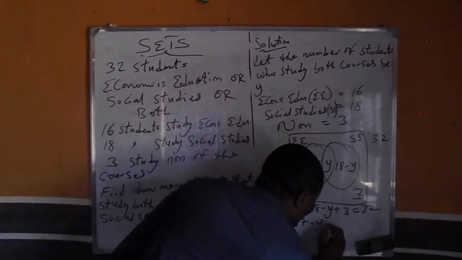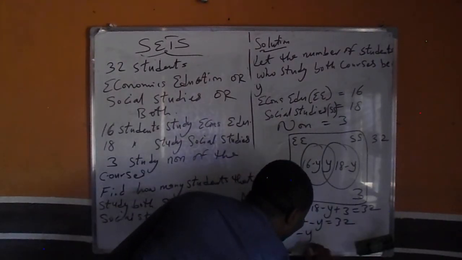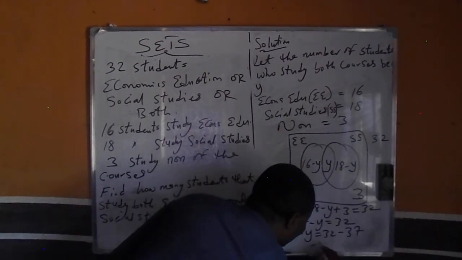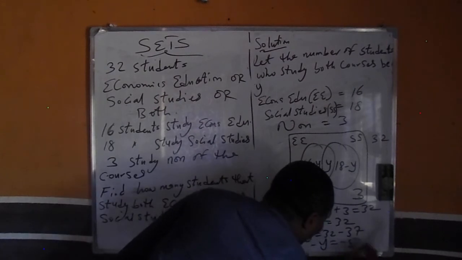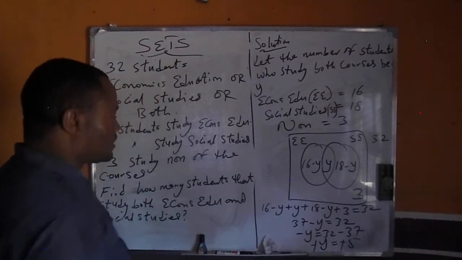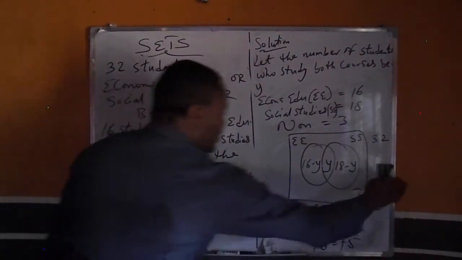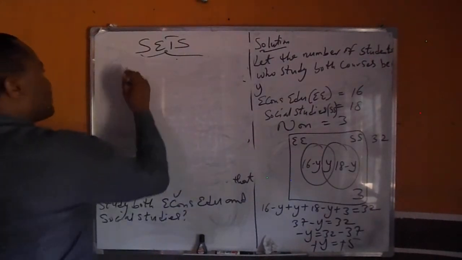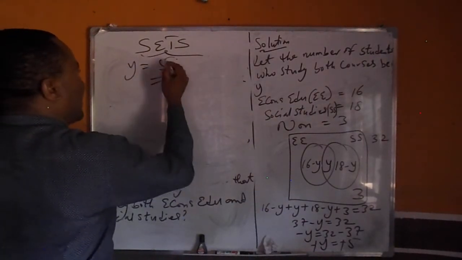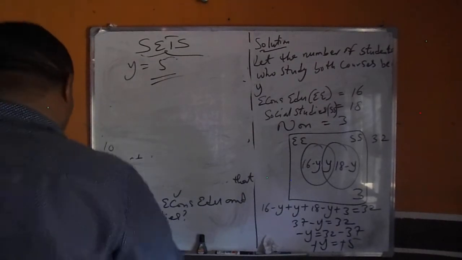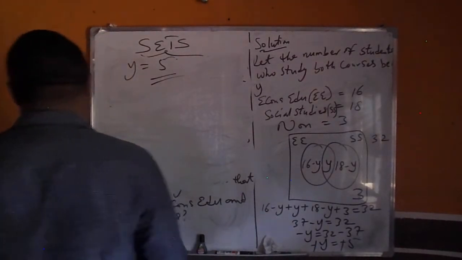Then we have minus y equals to 32 minus 37, which gives minus y equals to minus 5. Minus cancel minus, that means our y equals to 5. This means that 5 students study both courses.